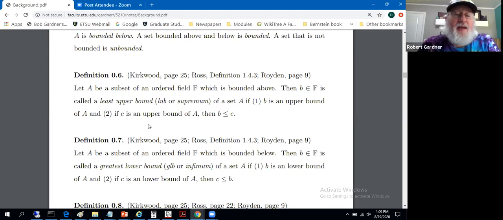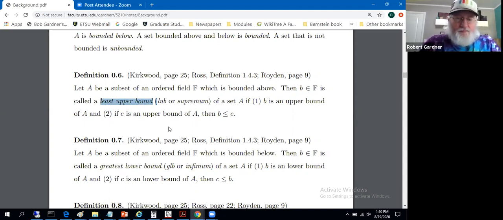B is an upper bound of set A, so every element of set A is less than or equal to element B. And if C is an upper bound of set A, then B is less than or equal to C. All right, so this first one simply means B is greater than or equal to everything in set A. This second one says if we find another upper bound of that set, then that other upper bound, it ain't less than bound B. There is no upper bound of set A less than B. That's because B is the least upper bound of set A.